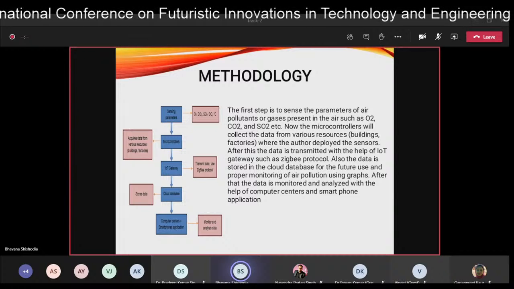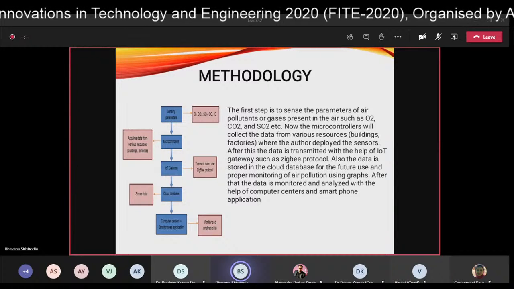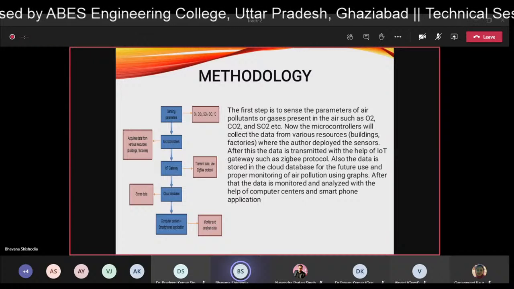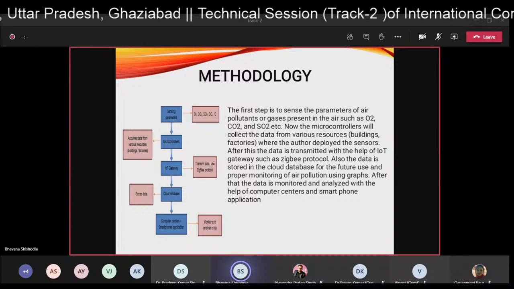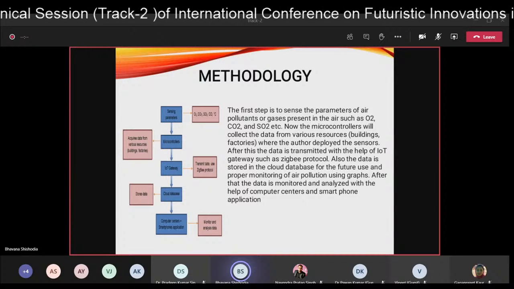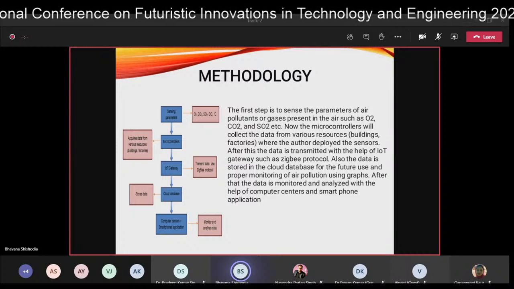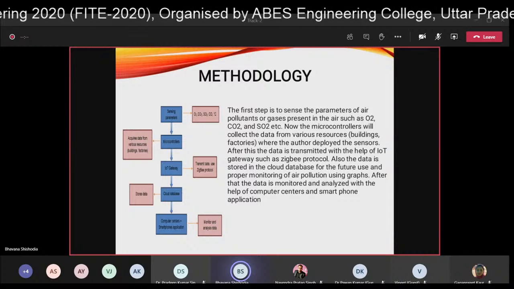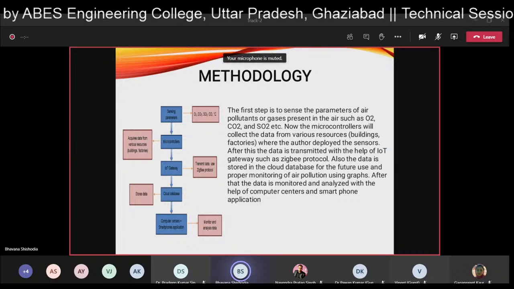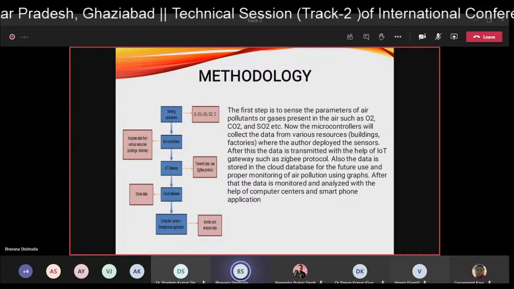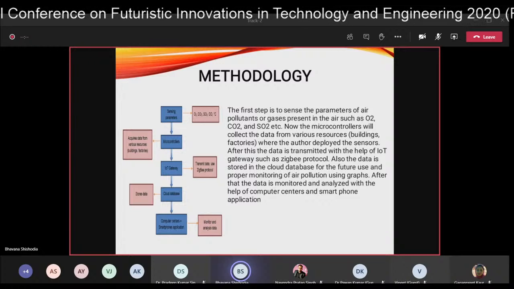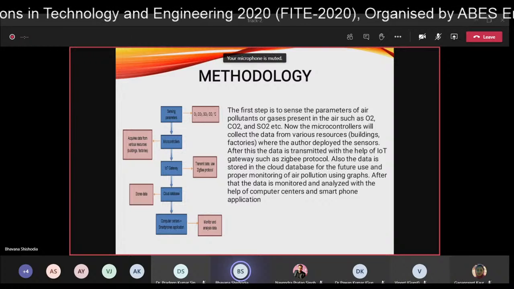So we measure these gases and we can tell them the exact values through an app which everyone can check, so that they can change their route or they can apply to the government so that they can tell the industries to reduce their pollution level, or anything that they can do to reduce air pollution. It will help many people.